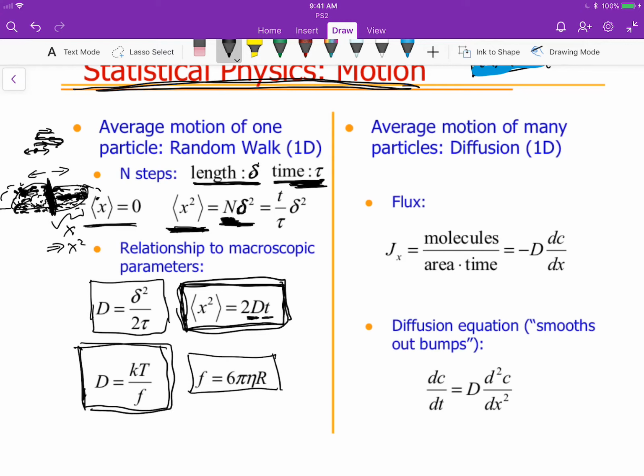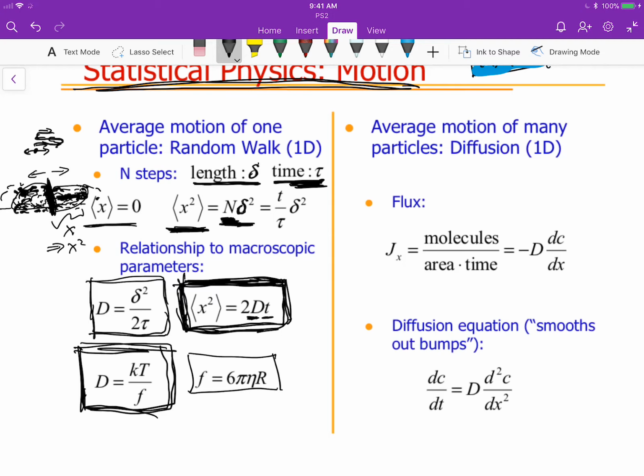What we want to get in the end is to compare our x squared, or our root mean x squared, which is the square root of the left hand side, using 2Dt. D can be related to the random walk, or it can be related to the actual particles down here.